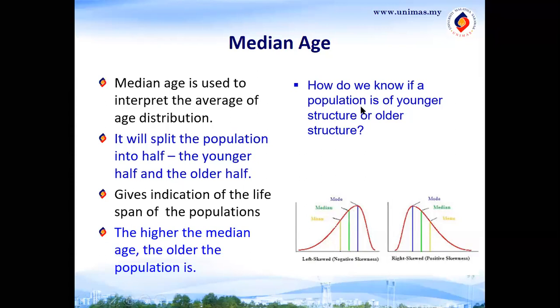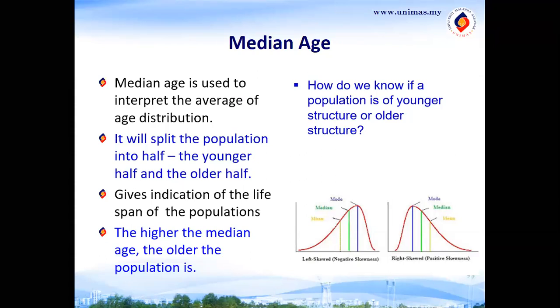Okay, so how do we know if a population is of younger structure or older structure? Jadi kalau kita gunakan median ini, apabila median itu tinggi, maka ianya menunjukkan populasi itu adalah populasi yang tua.